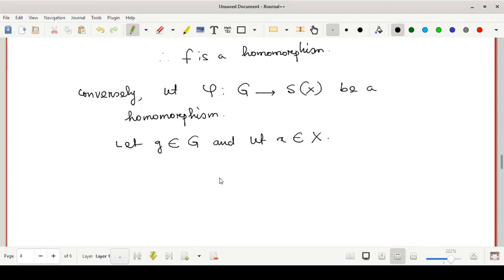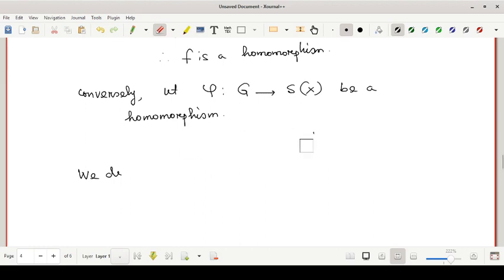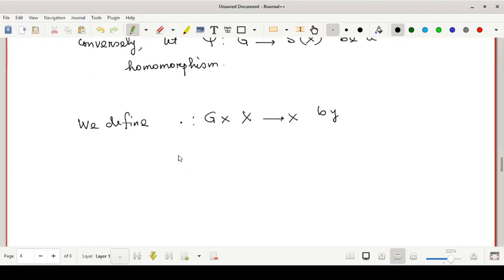I have to define an action, remember. We define dot from G cross X to X by, how do I define? g dot x equal to, I have to get an element in X. What is the most natural way to get an element in X?